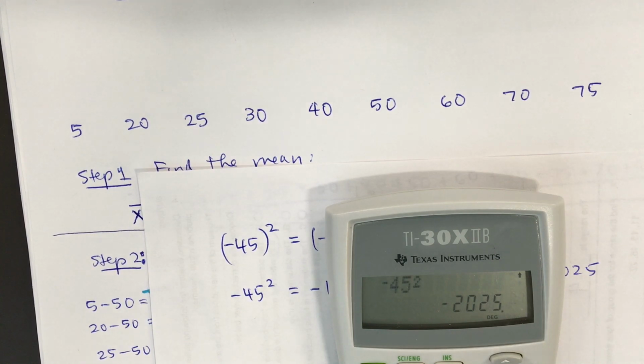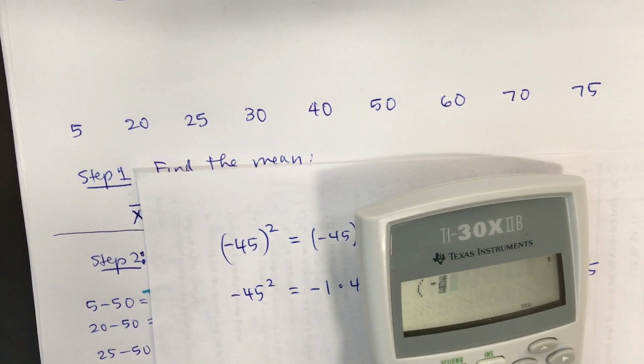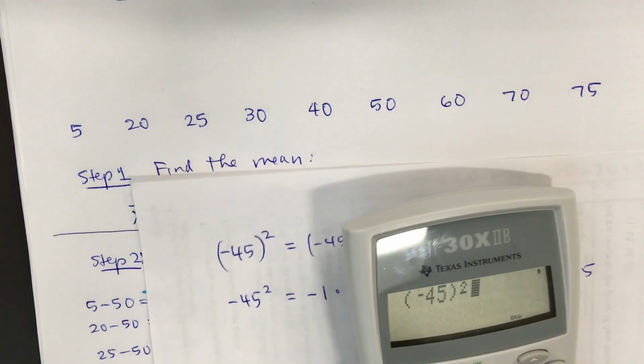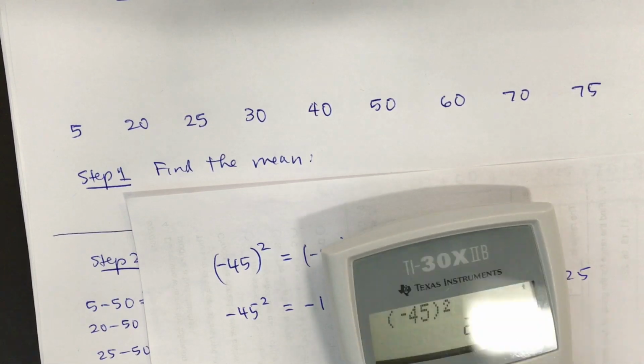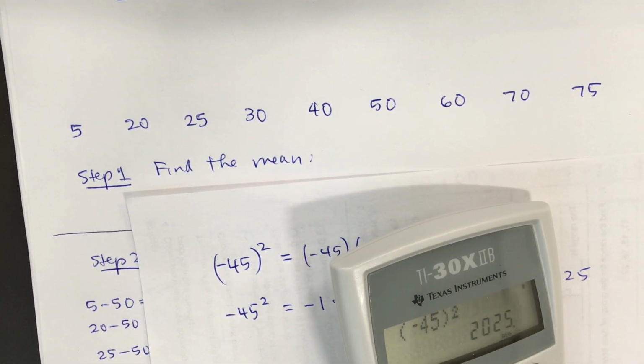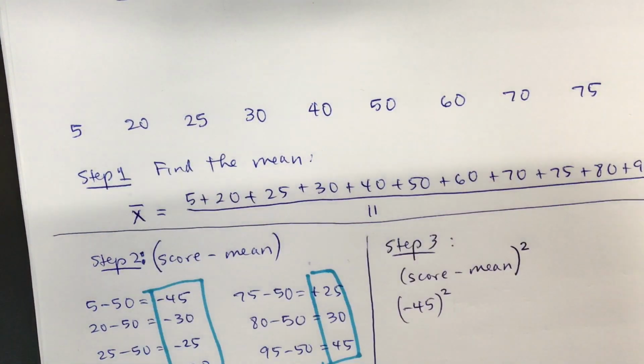On these problems, if you put this in your calculator, you're going to have to put the negative 45 in parentheses so that it will square the negative sign, and it's 2025. Or you might look at it like this.